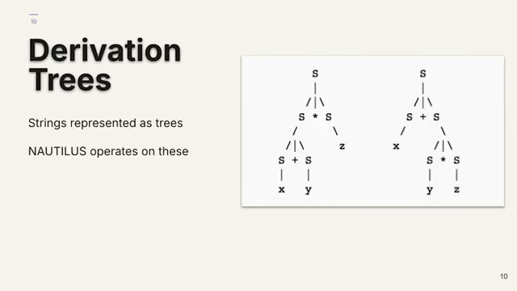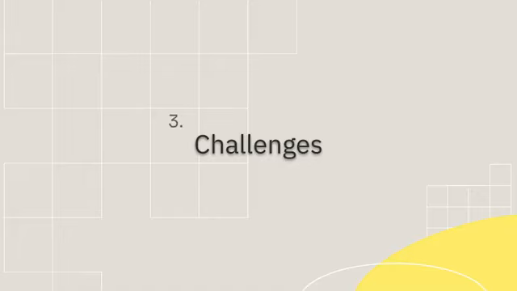The strings that are generated by the context-free grammar can be represented as a derivation tree. Nautilus utilizes these derivation trees and makes internal changes to the tree for inputs rather than making changes to the raw text strings. Section 3, challenges.